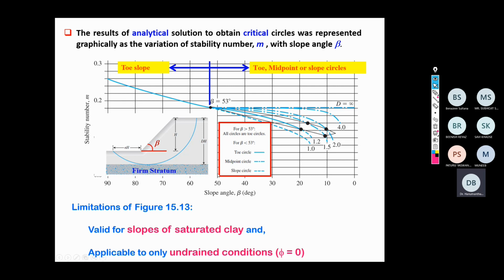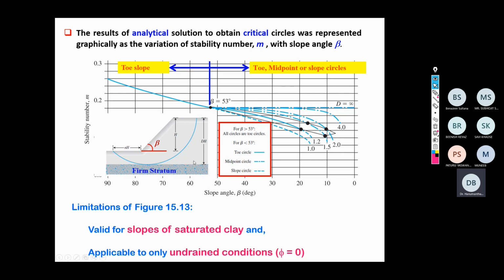This is a complete outcome of Taylor's contribution. He has given a predefined graph between stability number m versus the slope angle beta, again as a function of different parameters, as we have already discussed.